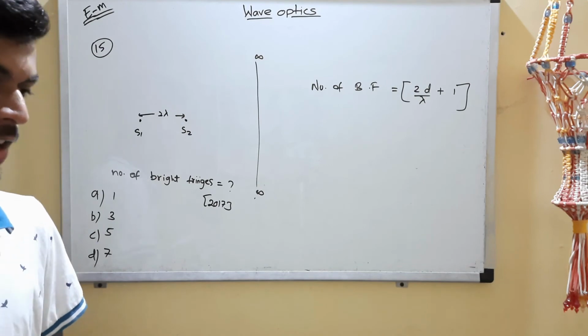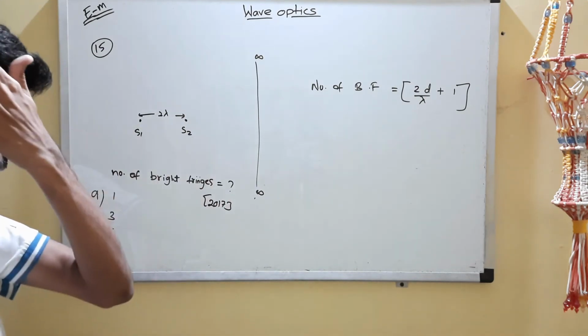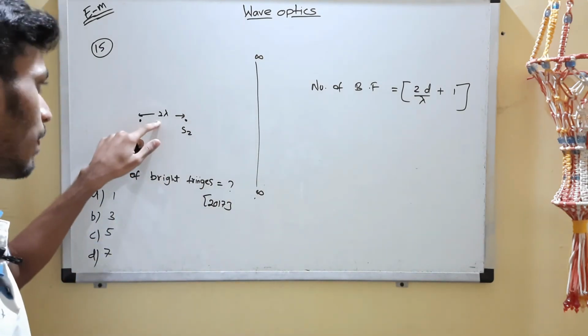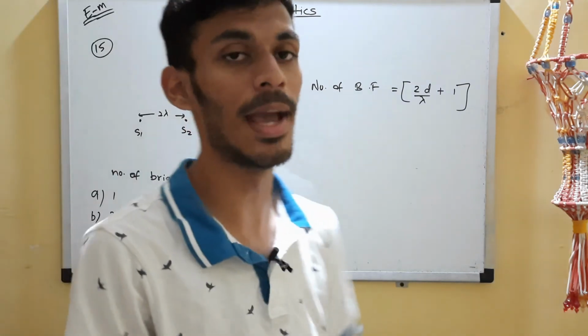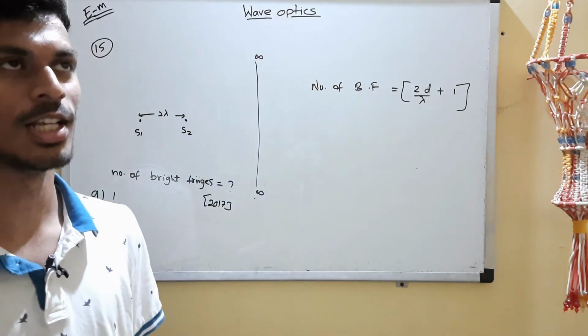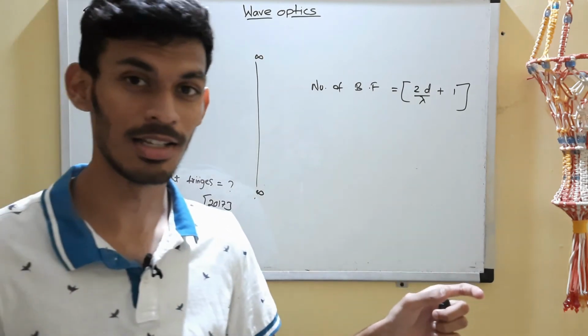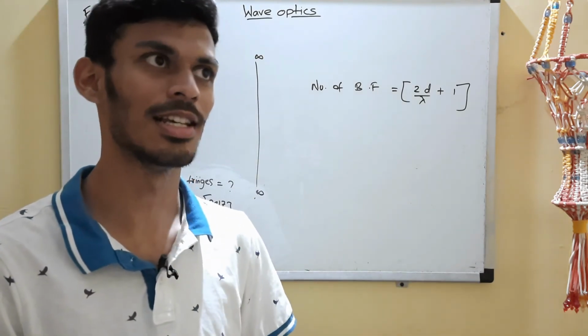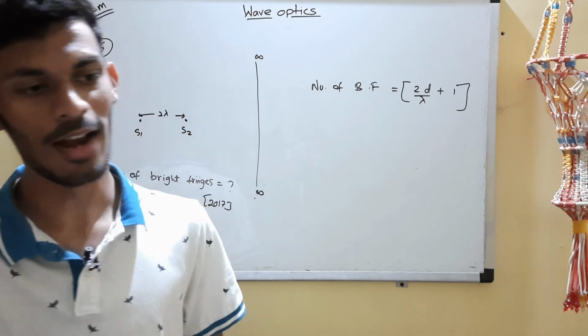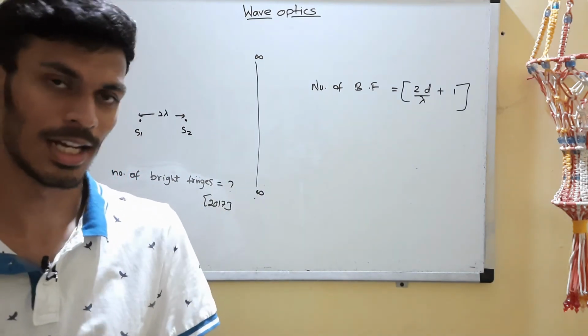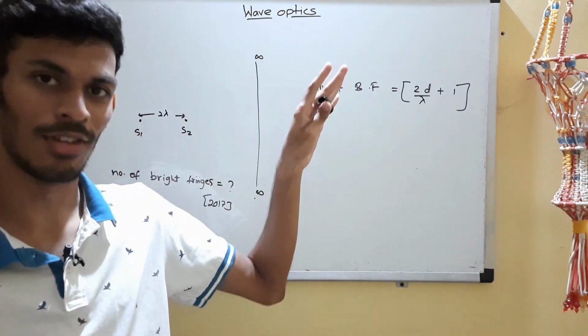Now of course, whenever you are asked for the number of bright fringes, the d will be very comparable to your lambda. Usually you'll see d, the distance between the two slits, is in millimeters, whereas lambda is in angstroms. In that case, a lot of fringes are formed.